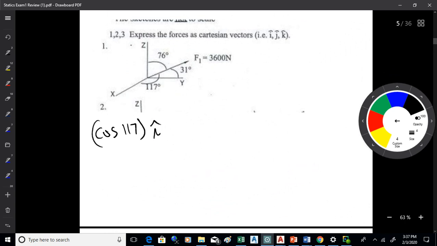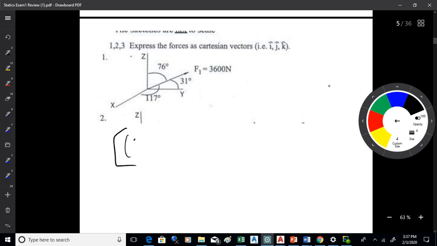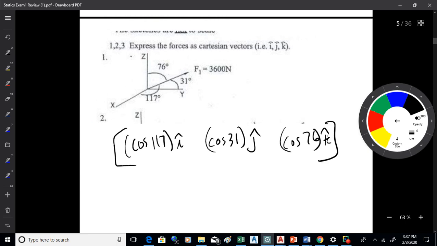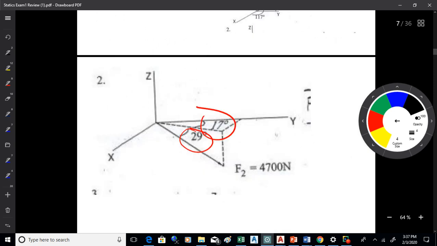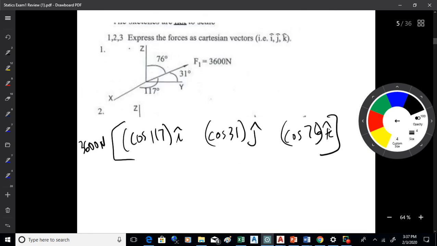That's the I. So to get the unit vector, you take cosine 117 for the I, cosine 31 for the J, cosine 76 for the K, right? And then you'd scale it all up by 3,600 newtons, something like that. And then you just work your way through that.